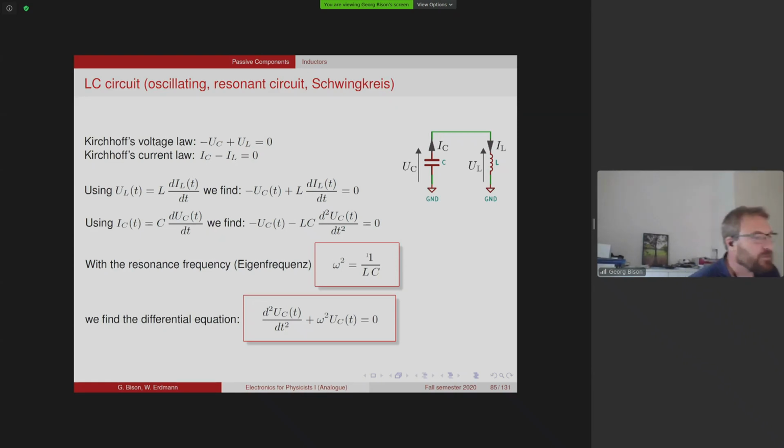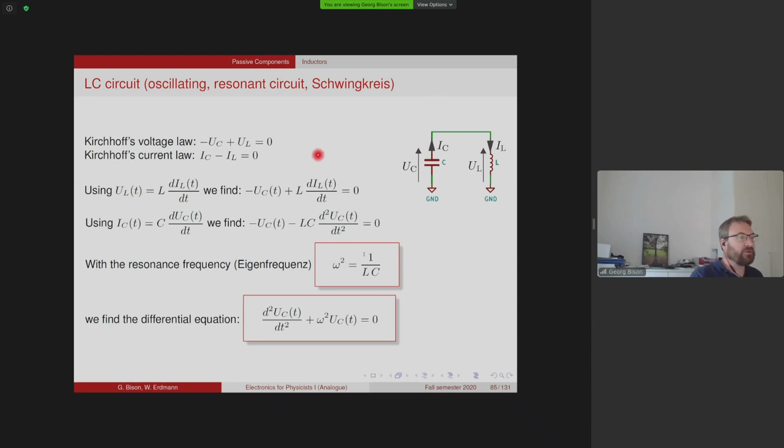Okay, now the next thing we can do is combine a capacitor and an inductor. And the simplest circuit is basically connecting a capacitor and an inductor in a loop. I remind you that these two ground connections mean that this is connected. And again, we use Kirchhoff's voltage and current law.